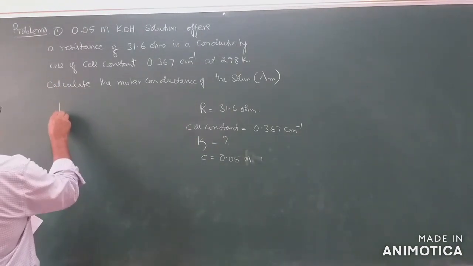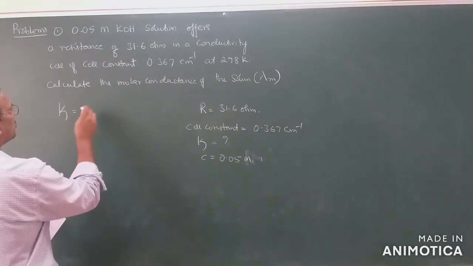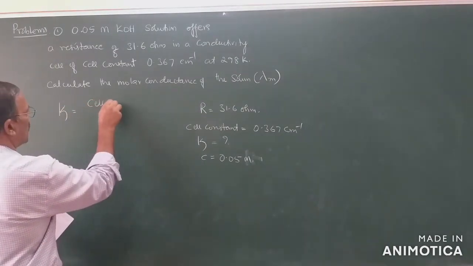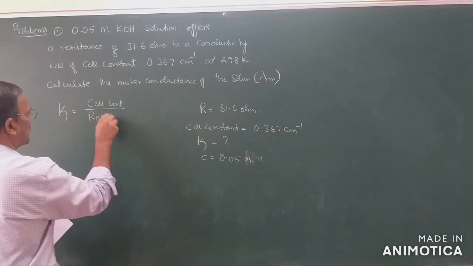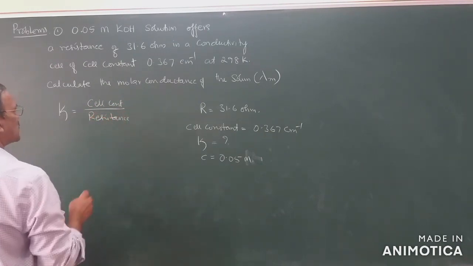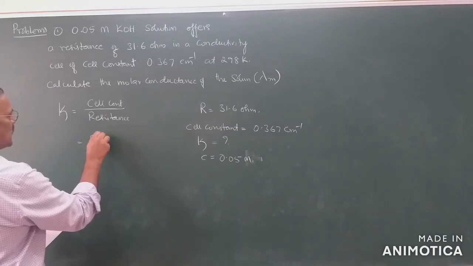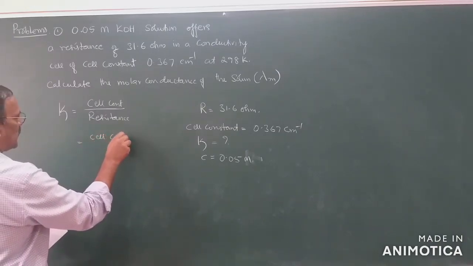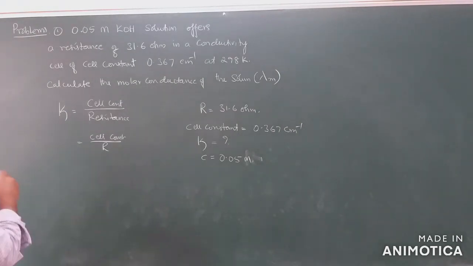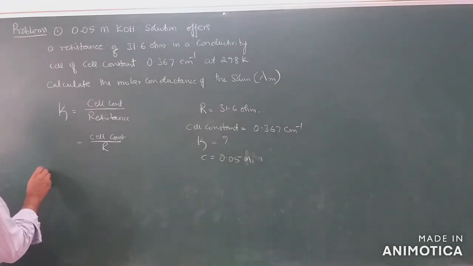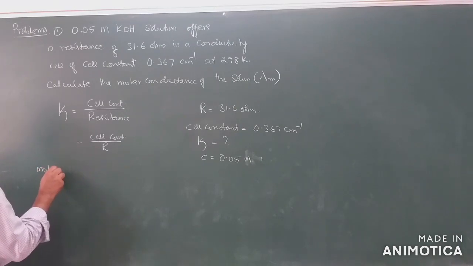Specific conductance kappa is equal to what? Cell constant divided by resistance, that is cell constant divided by R. Then you have to calculate molar conductance.